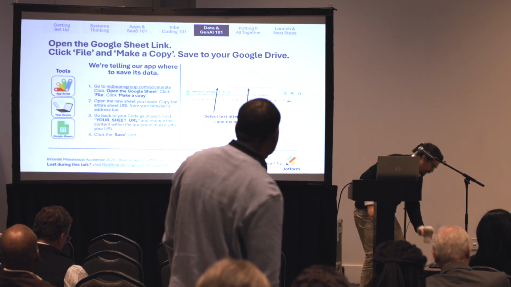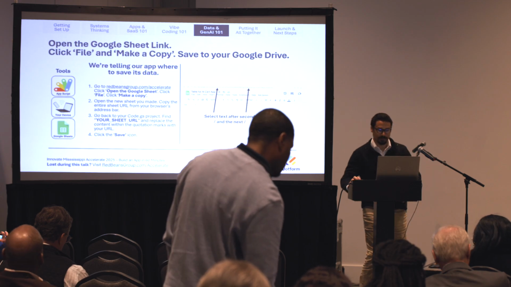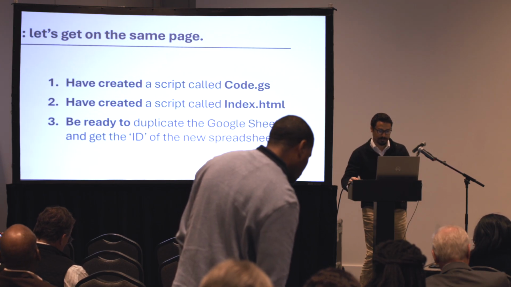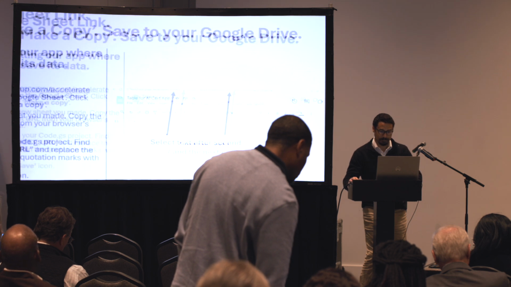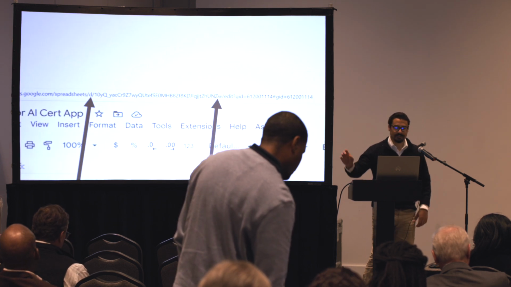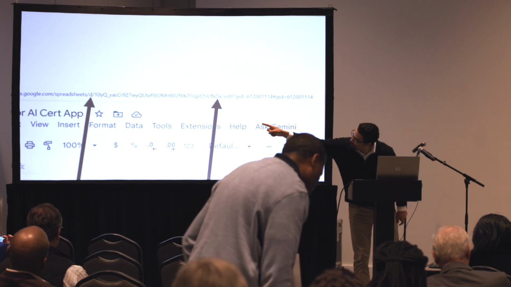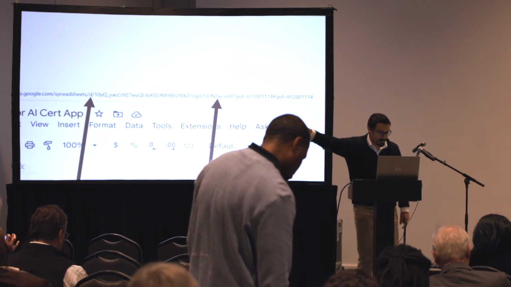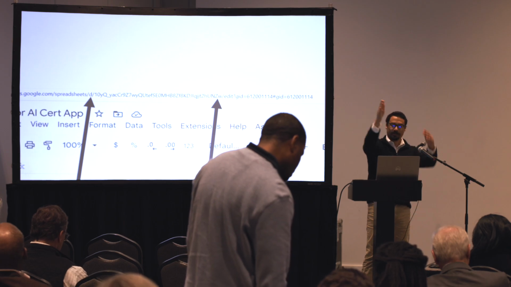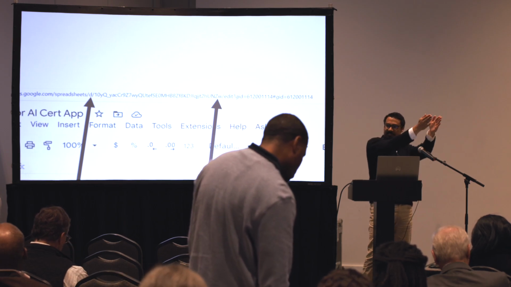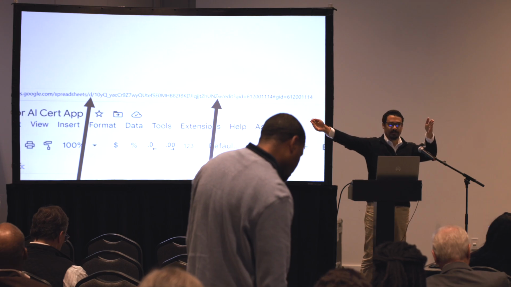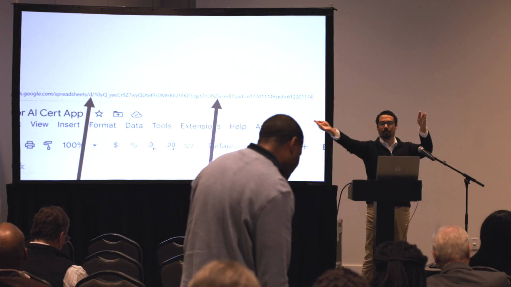I can try to zoom in. I just realized this is almost illegible. So you see there the first arrow, that slash, one letter, slash. Copy everything after the second slash, all the way down to where it says edit, before the slash.